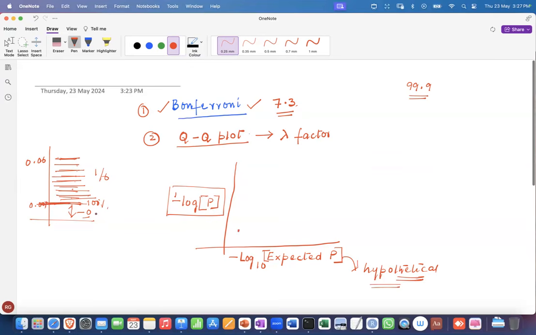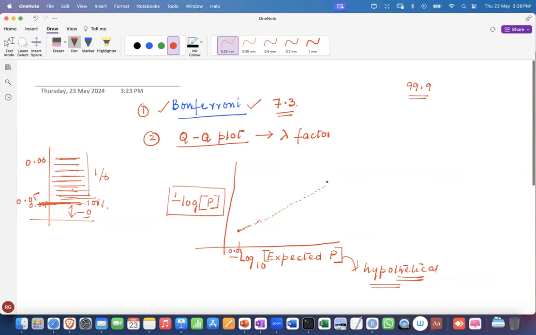You understand? Let us say you have this value as 0.05, and for the hypothetical distribution you may have a value of, let us say, 0.000 something, and you plot a value. Similarly, for all the values that you have here, you plot a value, and probably you will get a graph like this.